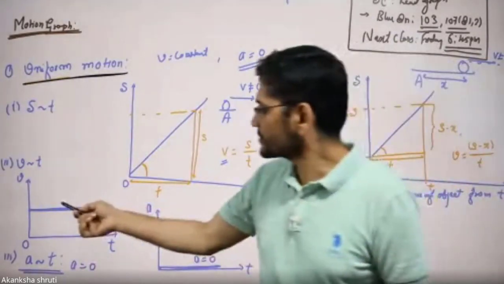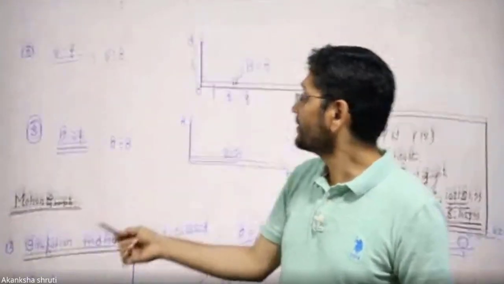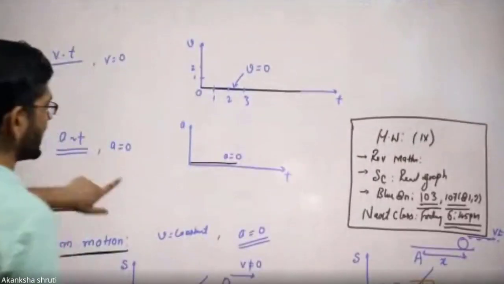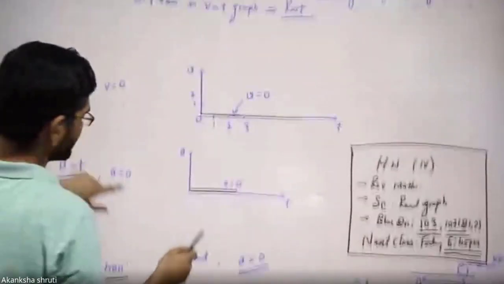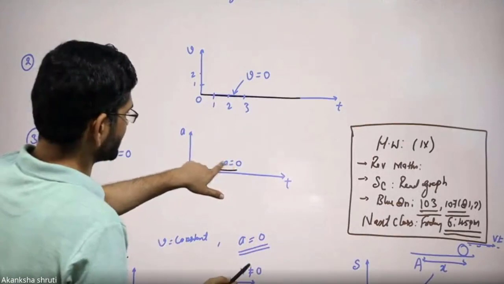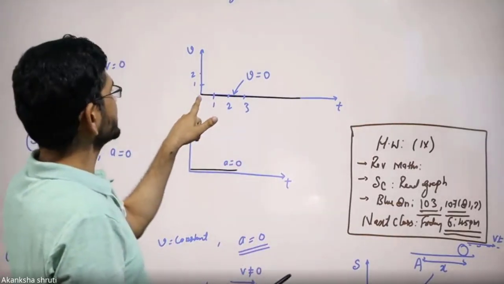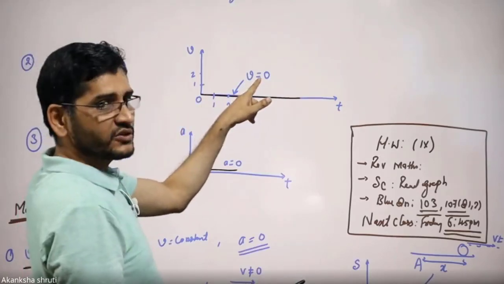Because this V becomes 0 for the body at rest. See, you can compare from these three graphs that we had plotted for the rest. Here again we are getting the acceleration time graph A is 0, but for the VT graph you are getting that V is 0 for rest.